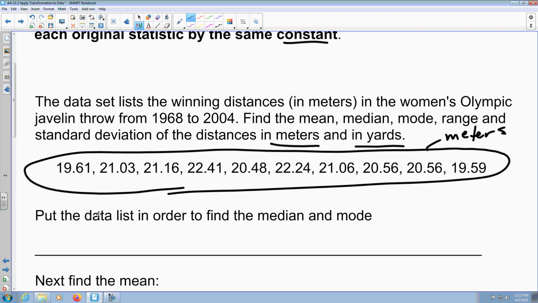So again, we have to make a list in order from least to greatest. This will help us find the median and mode.